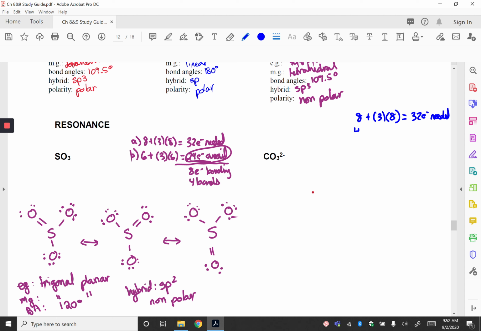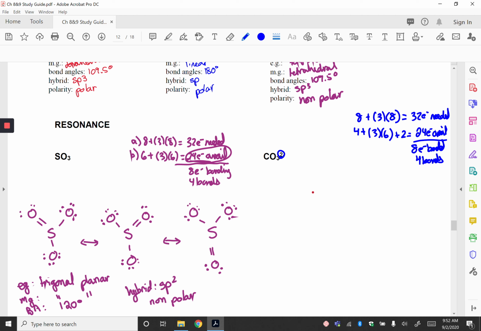What's available: carbon has 4. Each of the oxygens has 6, but then the minus 2 means we have 2 extra electrons available to us. So that is 24. Subtract the 2, you get 8 electrons that are bonded, and so that's 4 bonds.